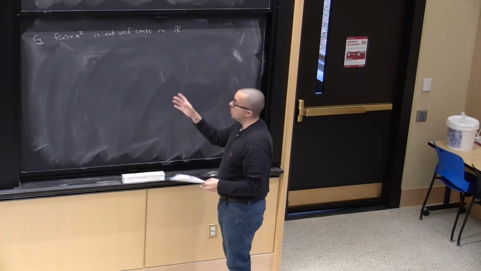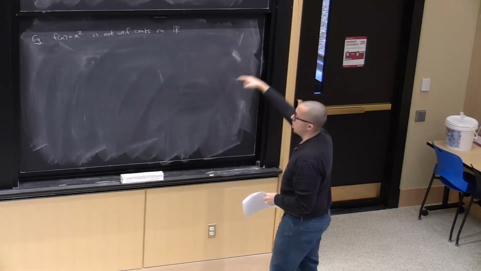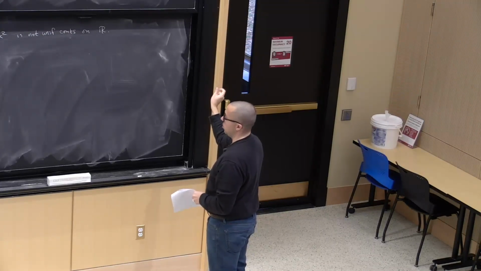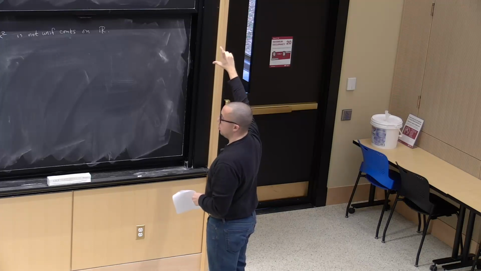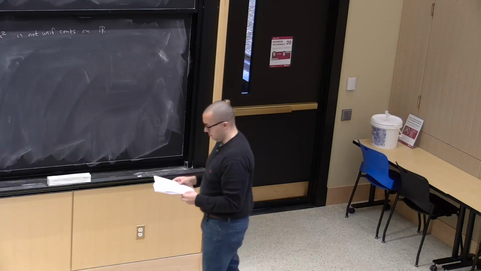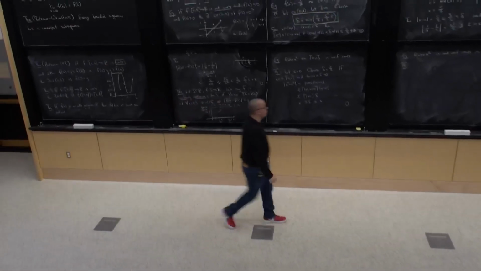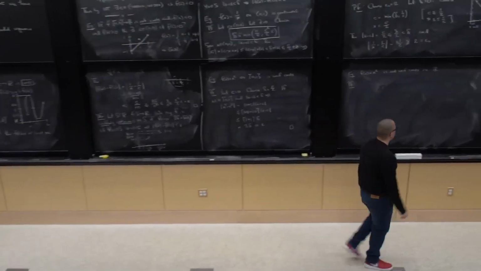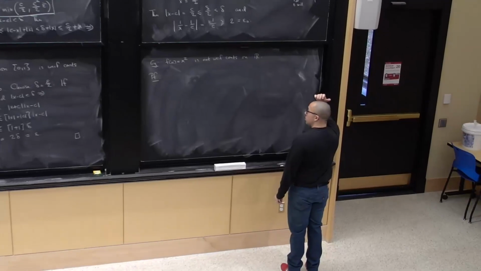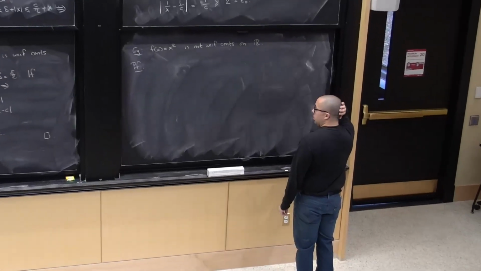The reason being, again, because x squared is starting to get big, so I can take two things close to each other, stick them into x squared, and their outputs could be very different from each other. Didn't write out the proof of this one, so we're going to go a little bit by the seat of our pants.